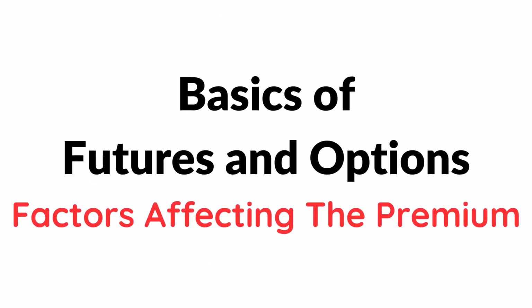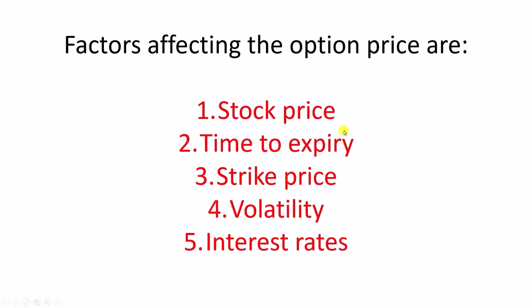Hello and welcome. In this video, we will see what are the factors affecting the premium or the price of an option. Okay. Now, the main factors affecting the price of an option are these.